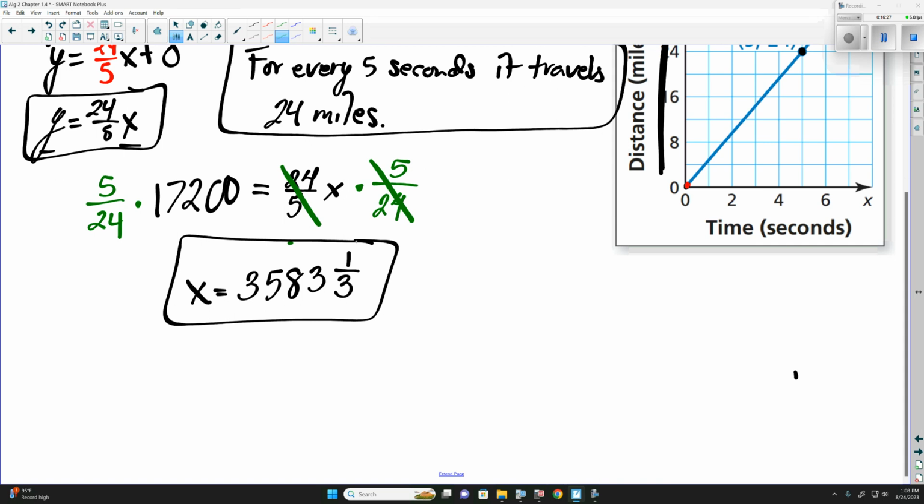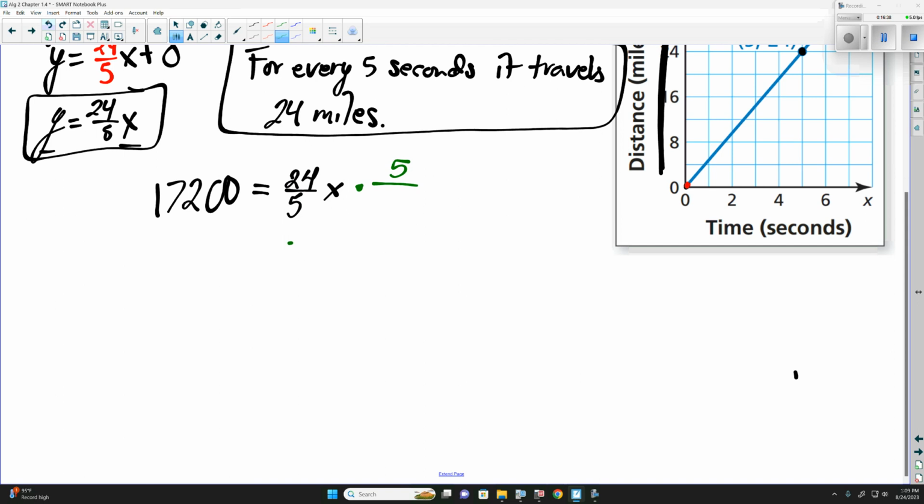Well, we can do that. Now, I'm going to go back and do this a little bit differently, but are there any questions on this so far? So, I'm going to back up. How are x and 24 over 5 stuck together, what is the operation?